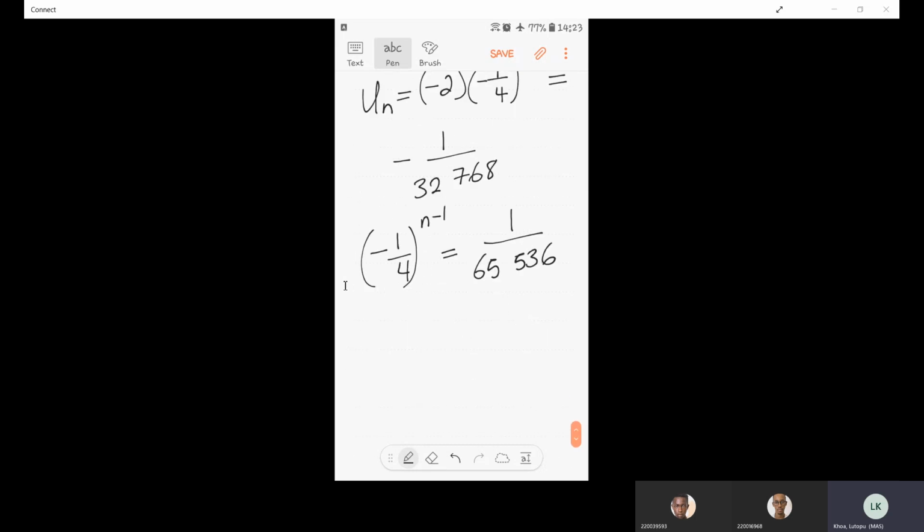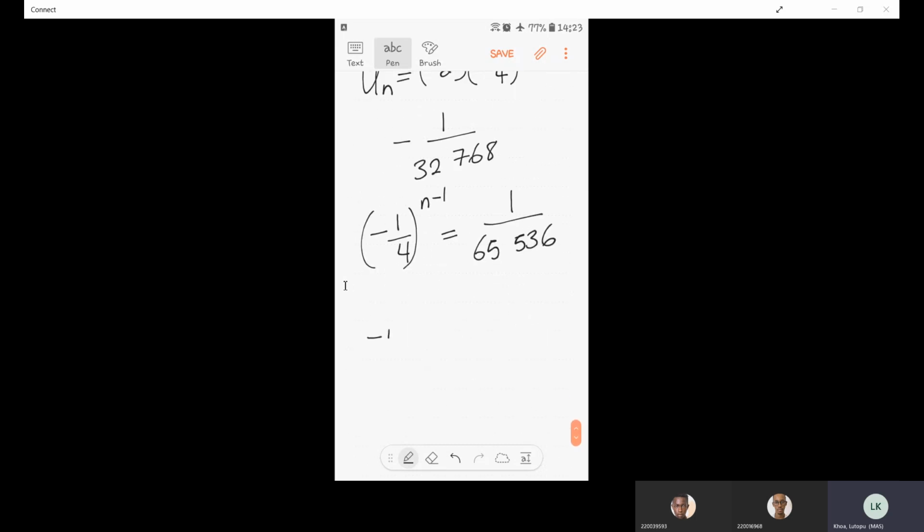Then I can rewrite this side: it is negative 1 over 4 to the power of 8, because 4 to the power of 8 is 65,536. The negative will disappear because the exponent is an even number.